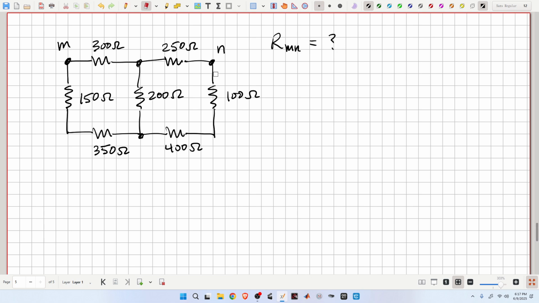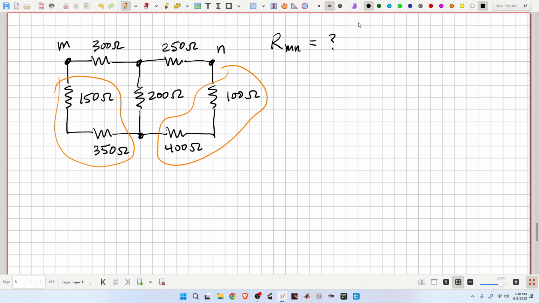Are there any resistors in series or parallel? Well, yes, we can identify these two resistors as being in series, and these two resistors as being in series. Okay.